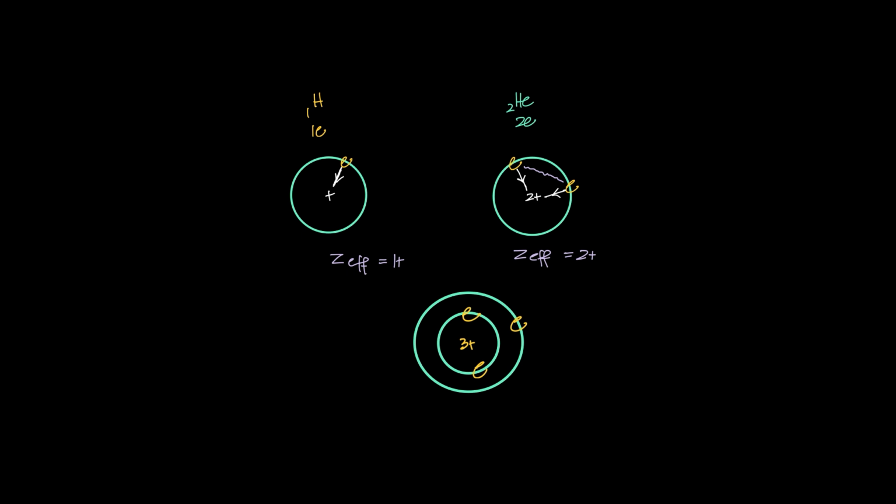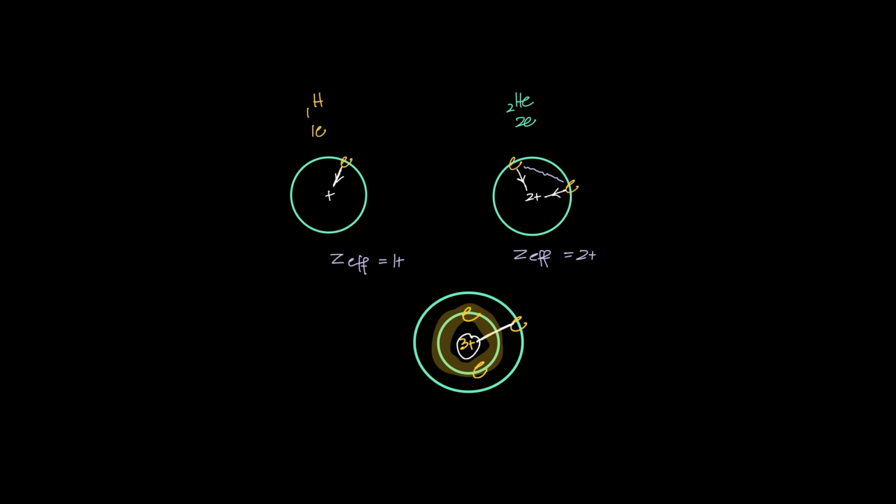The outer electron's attraction is from the 3 plus nucleus, but the moment it passes through the first shell, its attraction decreases. You could effectively say that the 3 plus is being shielded a lot by the inner shell electrons. Remember, the inner shell electrons cause a lot more shielding than the electrons in the same shell.